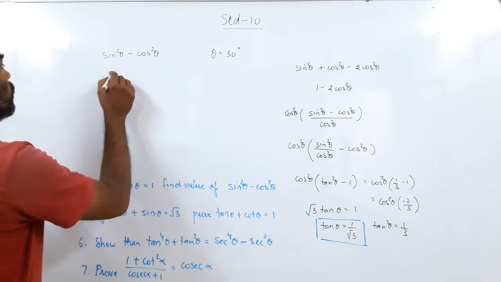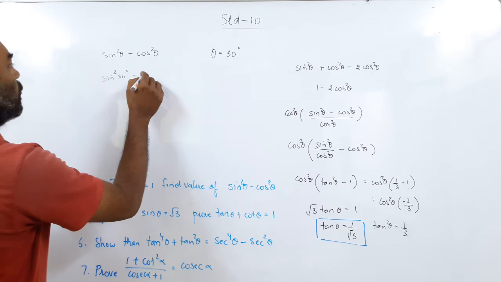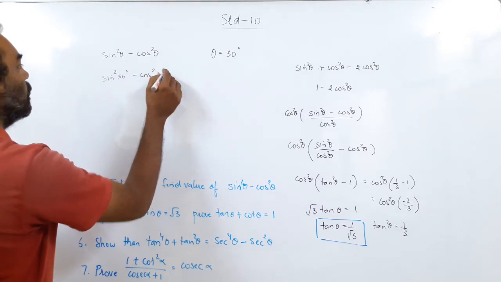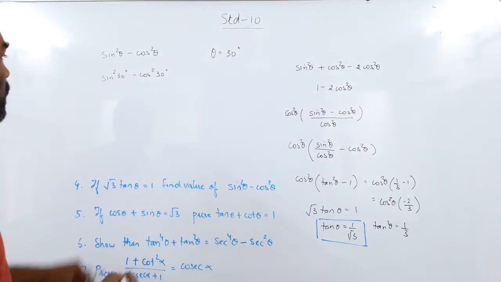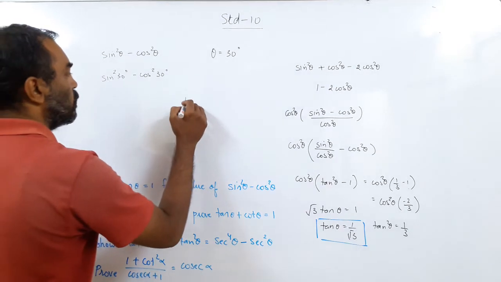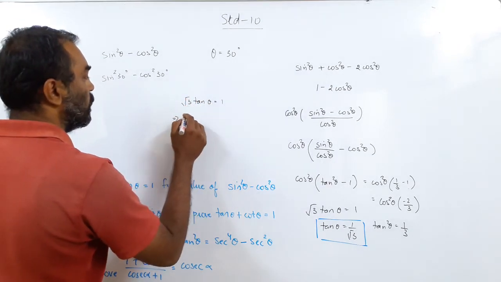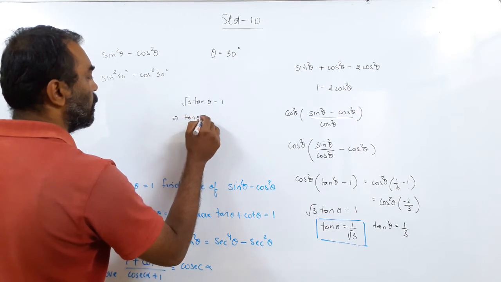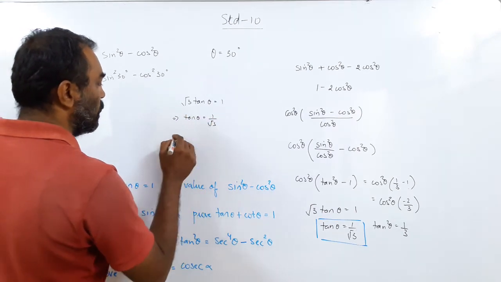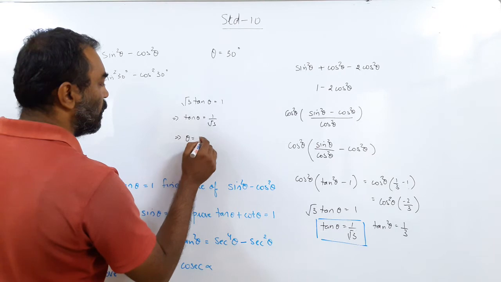So sin square 30 degree minus cos square 30 degree. So what I have done here, you have to write this sum like this. Root 3 tan theta equal to 1 implies tan theta equal to 1 upon root 3 implies theta equal to 30 degree.